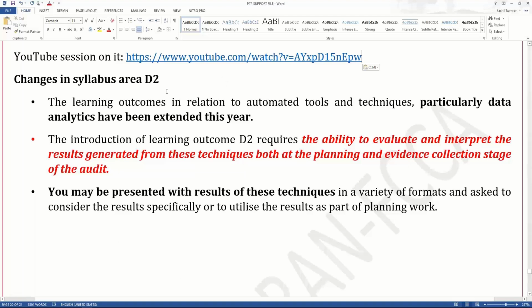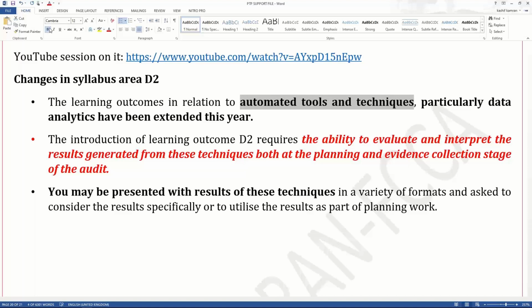The learning outcomes in relation to the automated tools and techniques, which is syllabus area D2, particularly data analytics, have been extended this year. So the examiner is saying particularly data analytics has been extended this year.